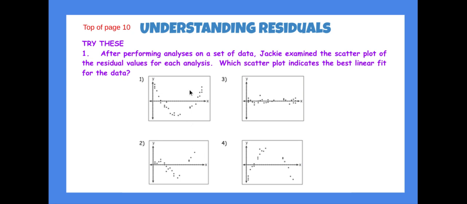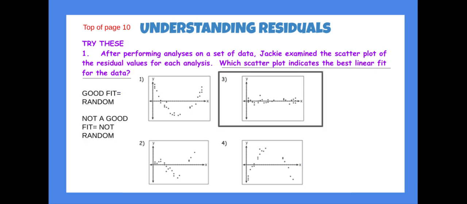The other 3 are not random. So we know that the line wouldn't have been a best fit. A better function would have fit that data than a line. So that's why we would choose 3. Linear fit data, we'll say good fit, random; not a good fit, not random. So that's why we'll choose answer choice 3.